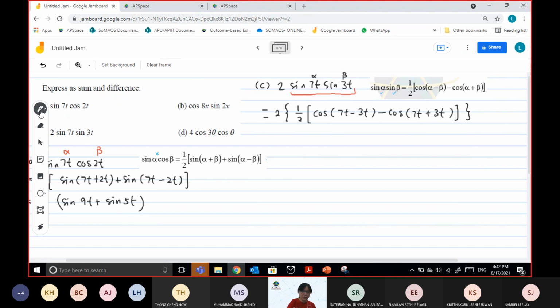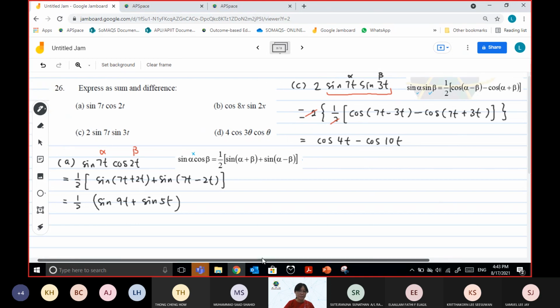Then the 2 can be cancelled. After simplifying, cos 7t minus 3t is cos 4t, right? Then minus cos 10t. So cos 4t minus cos 10t. That's how we get the answer for C.